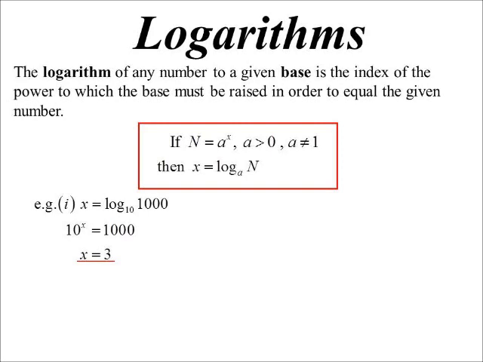But as I say, the base doesn't change. So 10 to the power of x will equal 1000, and well, 10 cubed is 1000. So x would be 3. So this one, 5 to the power of what gives us 1 on 25? That's what we're basically saying. Well, that would be 5 to the negative 2. So x is negative 2 for that one.